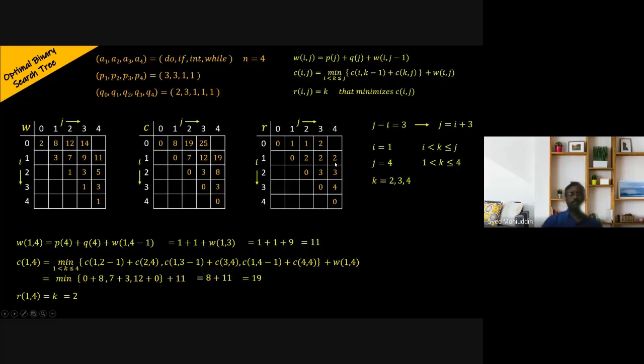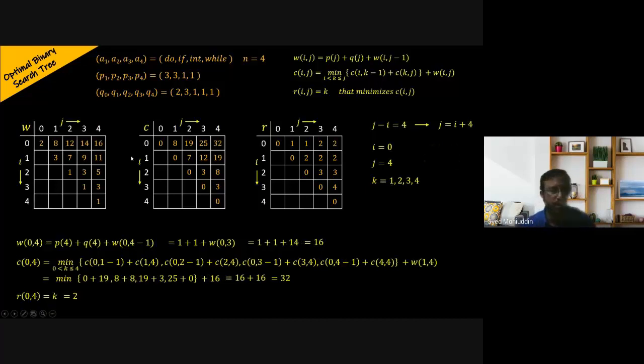Then finally, we consider all 4 nodes to fill up this set 0 comma 4. I comma J will be 4 now because we are considering all 4. So J will be equal to I plus 4. And now starting from I 0, 0 less than K less than equal to 4. We will have K values as 1, 2, 3, and 4.